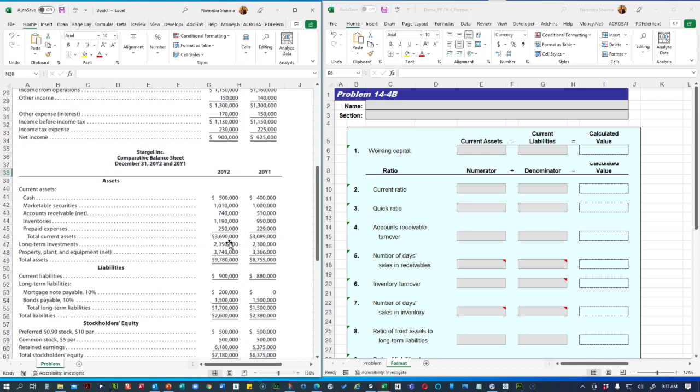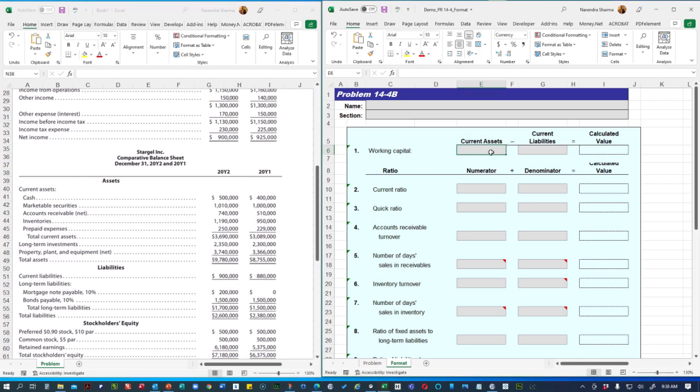Current assets are 3,690,000, and then the current liabilities are given as 900,000. So now since we are doing only for year 2, I will be concentrating on year 2 figures. However, whenever you are asked to calculate the average, then we'll be using the average figures. So otherwise that's how we are going to do that.